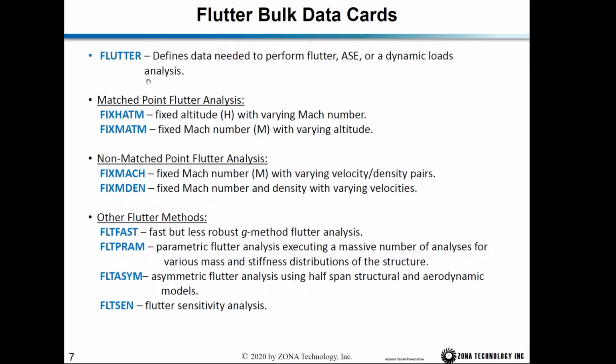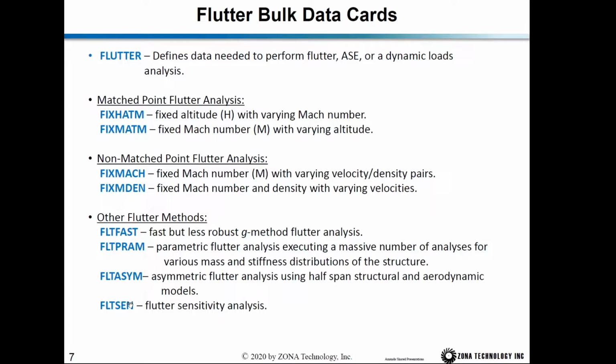So we have a Flutter card, and it refers to two match point Flutter analysis cards and two non-match point Flutter analysis cards. Then you have a FAST card, which is a fast but less robust G method, and you have the FLAT PARAM card to perform parametric Flutter analysis. The FLAT ASYM card is to perform asymmetric Flutter analysis by using half-span structure and aerodynamic models.